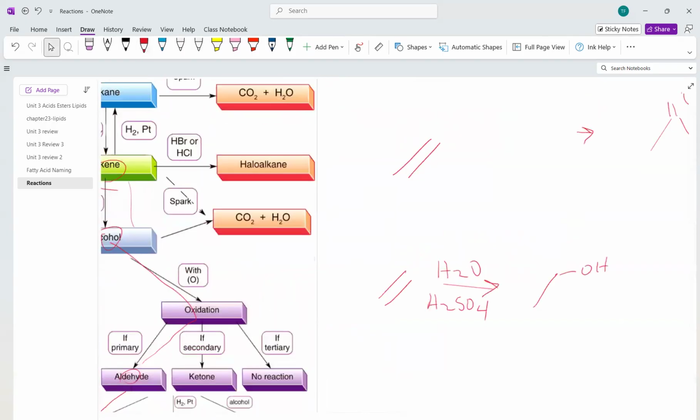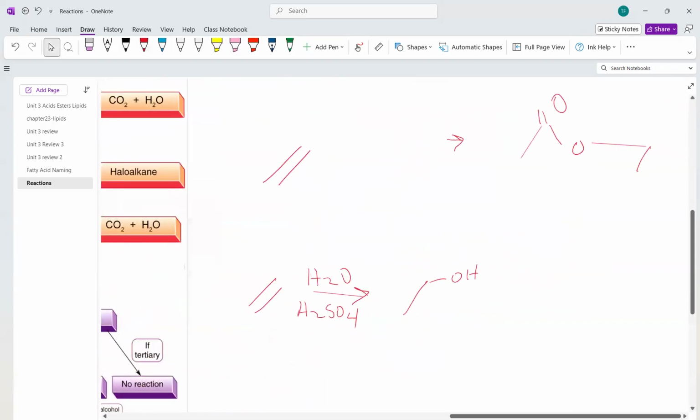Now, notice up here, we have a two carbon alcohol. So what do we have down here? We have a two carbon alcohol. So we're partially there. Okay, so that's the alcohol part. We need to get the acid part though.